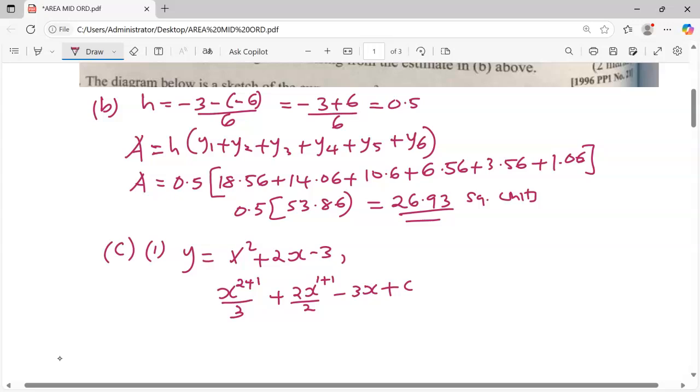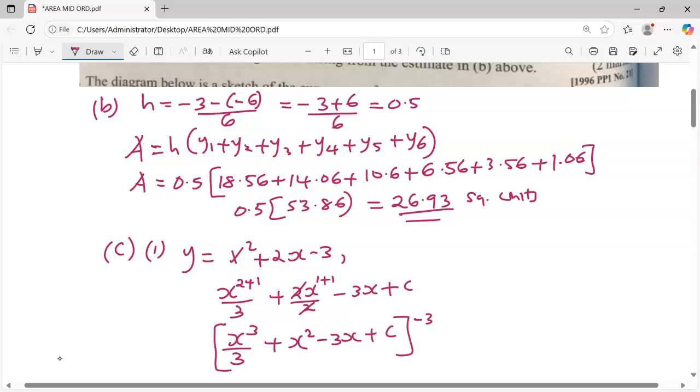Once we have done that, we can simplify. We have x cubed divided by 3 plus 2 and 2 will cancel, so that we have x squared minus 3x, of course plus c, and this one is going to be put under square brackets.